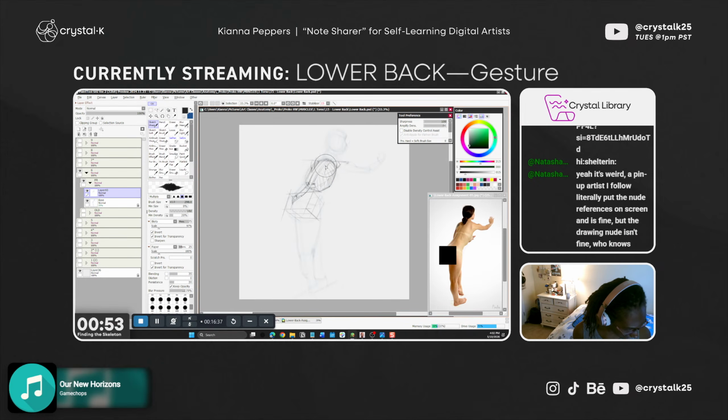Spine is in, ribs are in. We just need a clean scapula to find everything else. Okay.